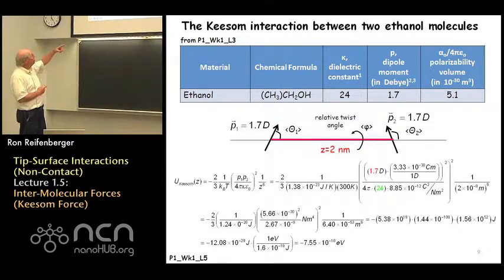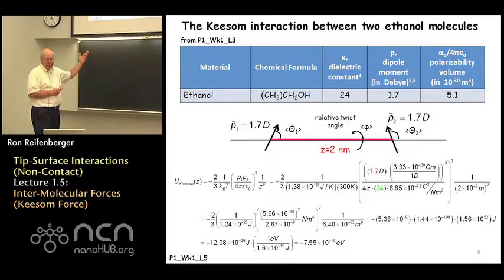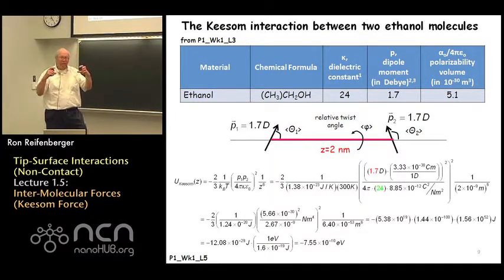And I just go through and evaluate the expression for the Keesom interaction potential energy. And I get a negative sign, which indicates that there would be a net attractive interaction between these molecules. But the size of the interaction now is really rather small. It's about 10 to the minus 10 electron volts. So it's down orders of magnitude from the interactions that we considered in the previous lecture.